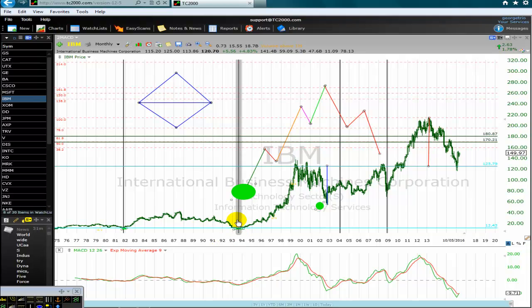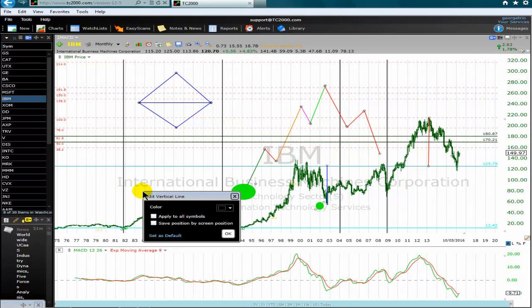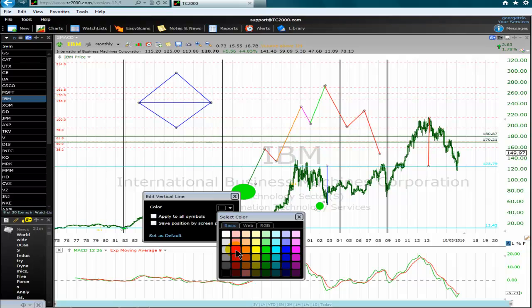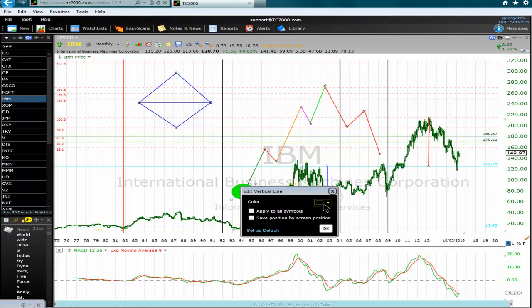I'm going to move my vertical line a little bit here. That's a 10-year period. Let me zoom into that section. I'm going to color the vertical lines red, so you know exactly what I want you to see for this IBM stock.